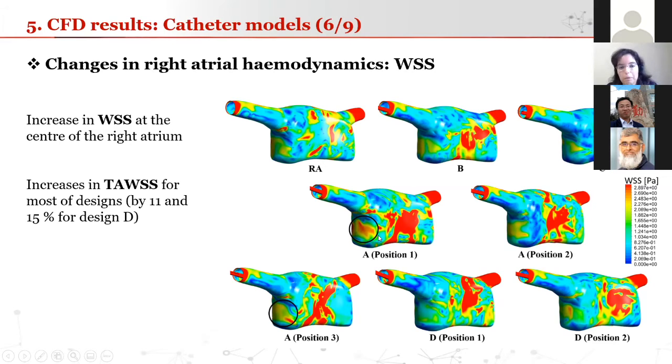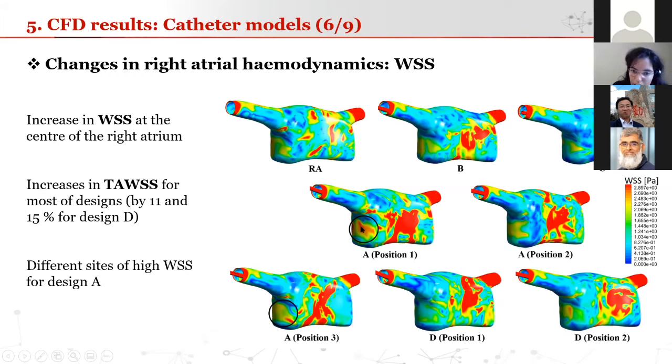The same thing happened for the time average values. The largest increases were seen for design D, with 11 and 15% of increase, which is quite a lot. In addition, for catheter A, for example, there was the creation of novel sites of increased wall shear stress, as given by the circled areas.